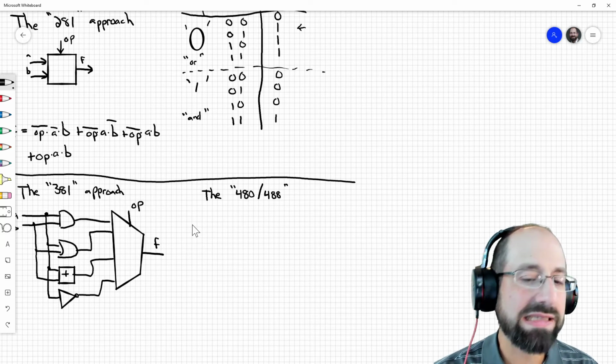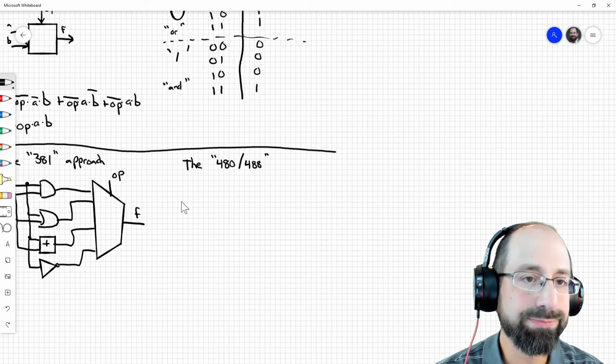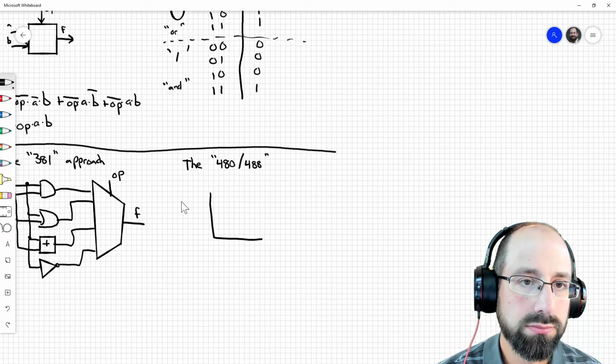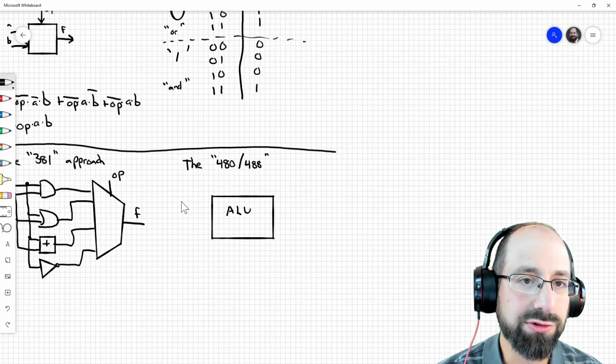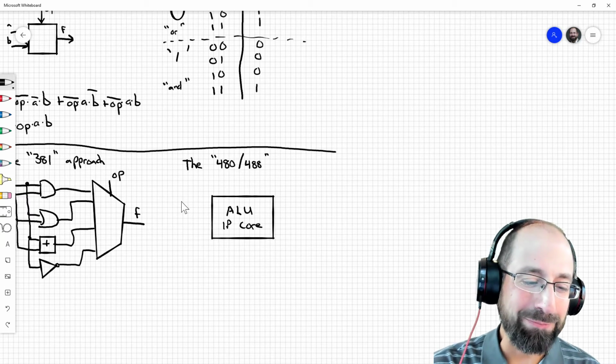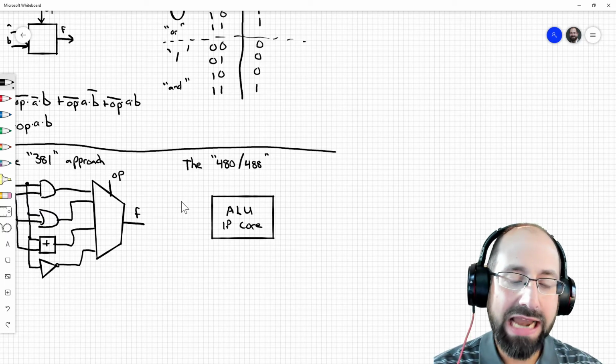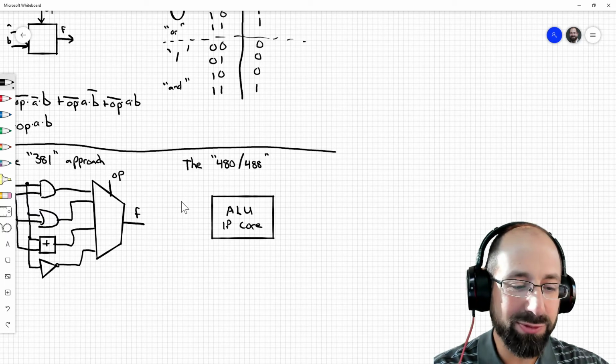The 480/488 approach is also fundamentally different than that, which is drag and drop an ALU IP core. That sounds even easier, right? It's not, because certainly when you drag and drop that ALU IP core, now you're no longer designing from a source level perspective.